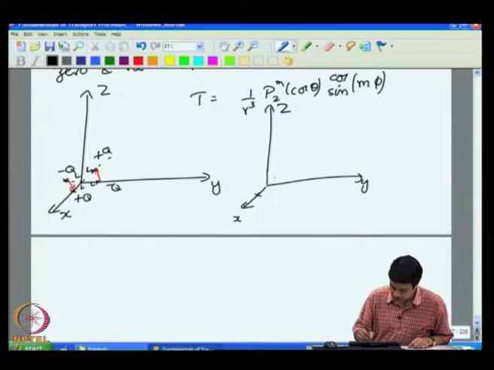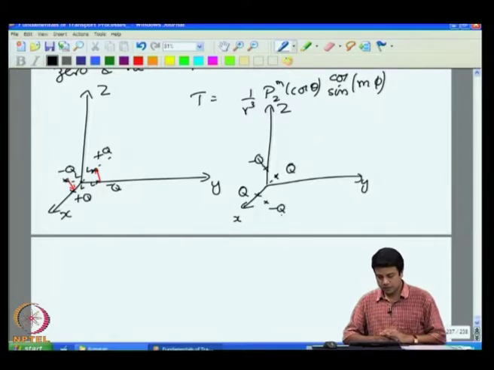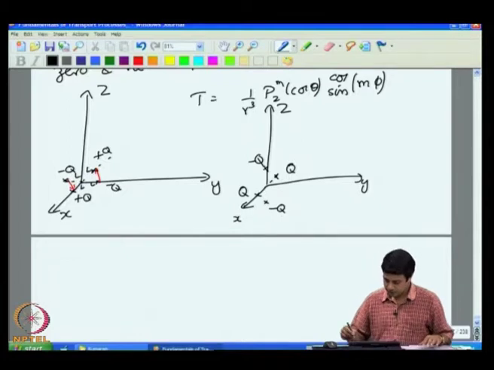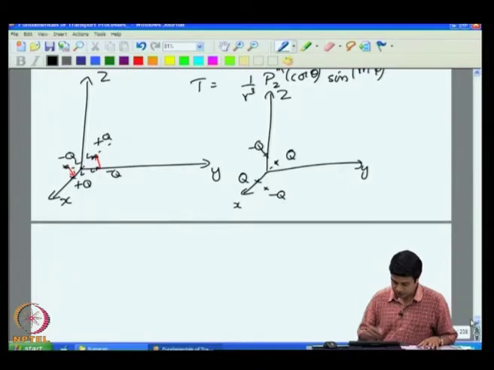The other one is along the xz plane. So, this is q minus q. Sorry, this is q and q. The other one is along the xz plane. There is a third one along the yz plane.